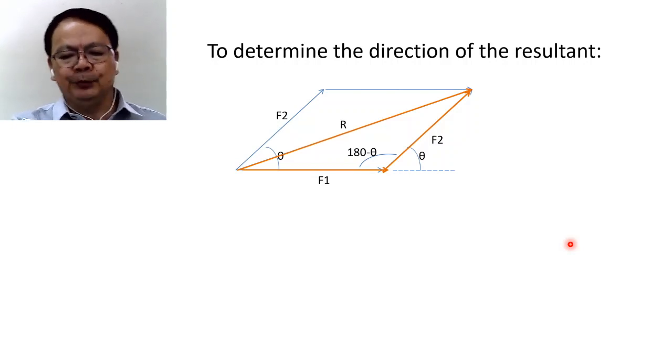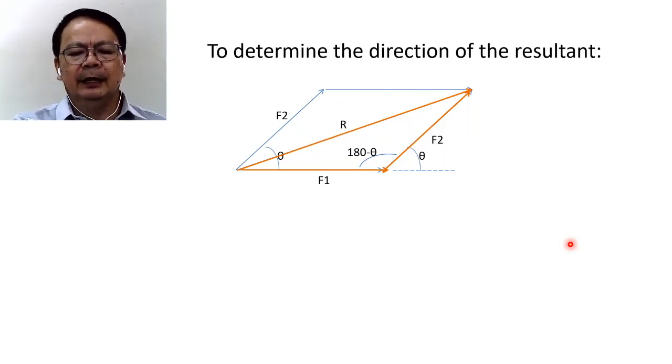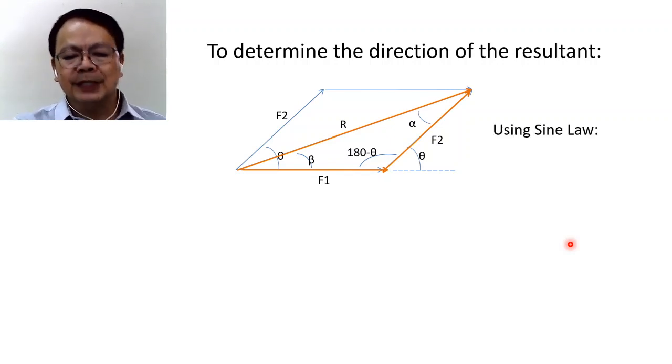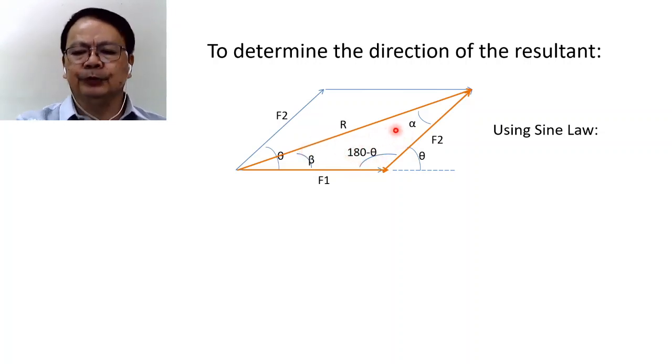And how do we compute for this angle beta? Now look at this, assuming that this is angle alpha, then looking at the triangle, we see that the triangle now consists of three known sides. So you have f sub 1, f sub 2, and r already computed, and one of the angles known, and therefore the other angles, beta and alpha, can be computed using sine law.